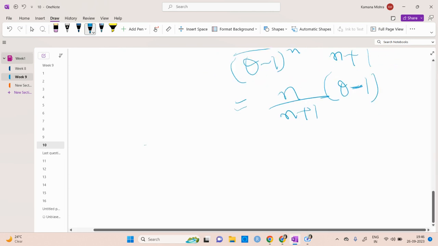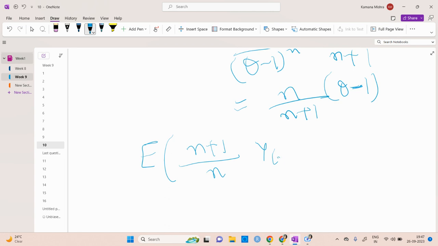So we can write the expectation of (n plus 1) by n times yn is equal to theta minus 1, right?